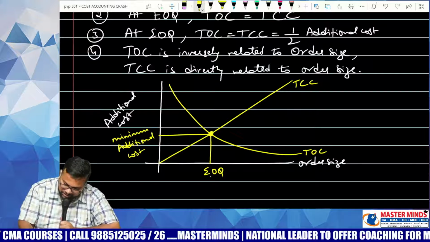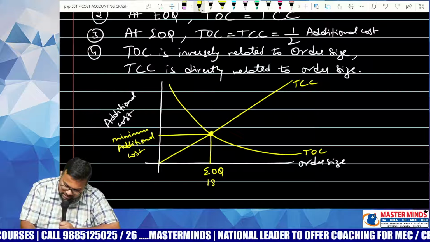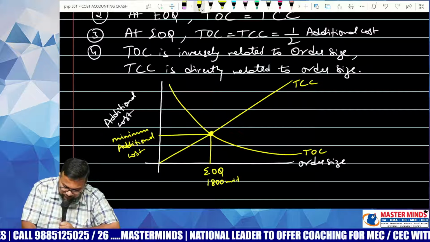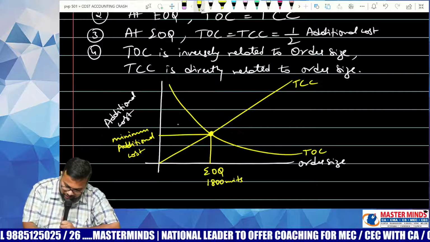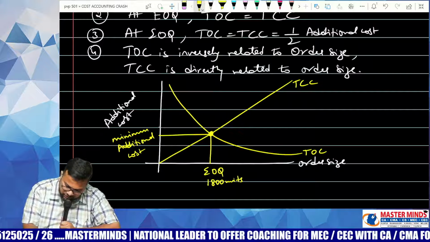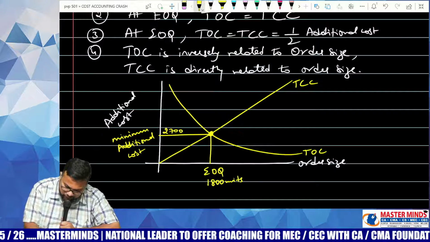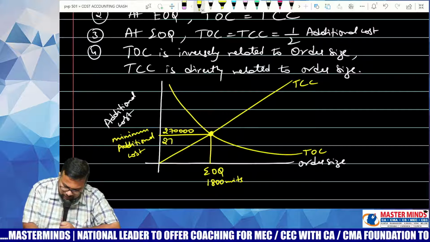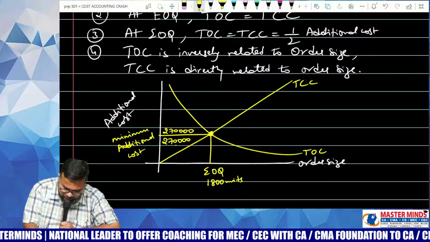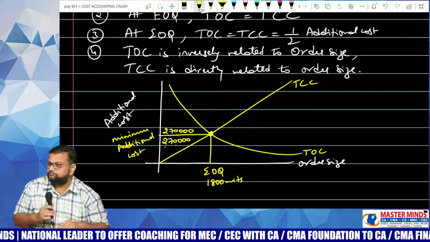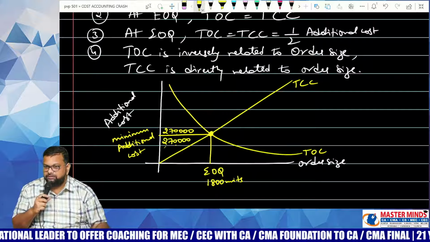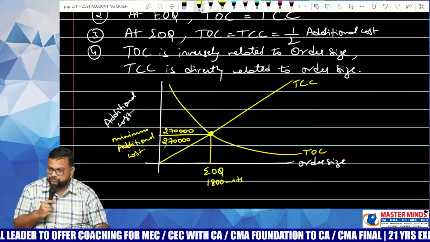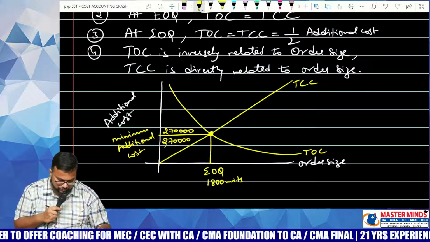So in my example, the EOQ order size is 1800 units, right? And here at this point, TOC will be 2,70,000 and TCC will be 2,70,000. Okay. So graphical method also completed.